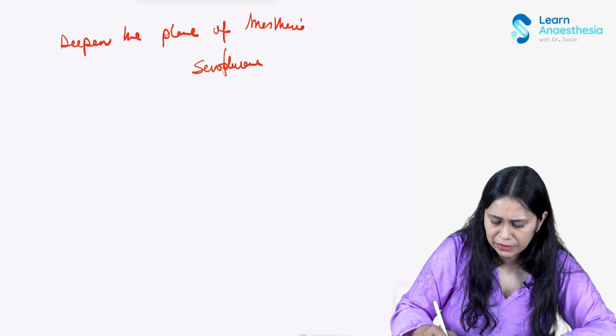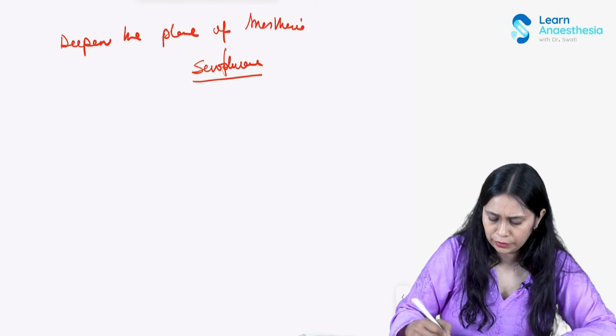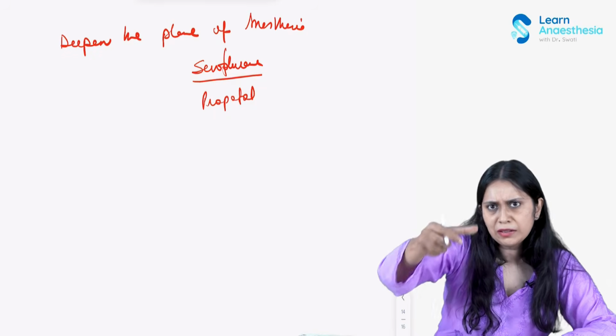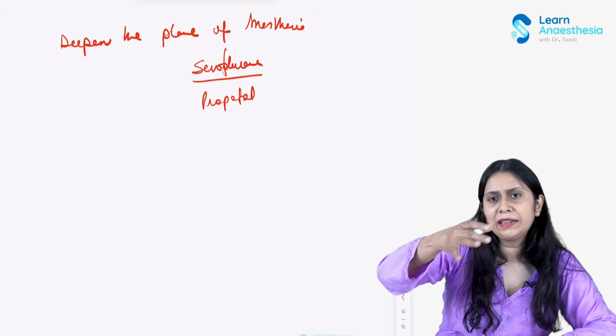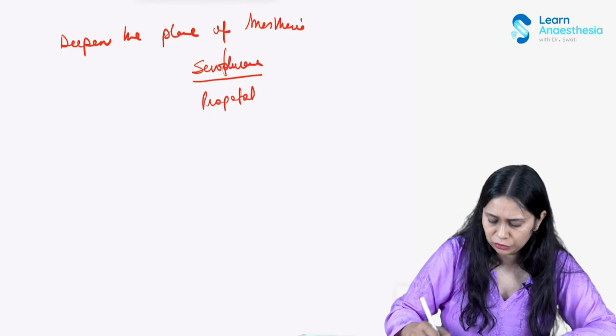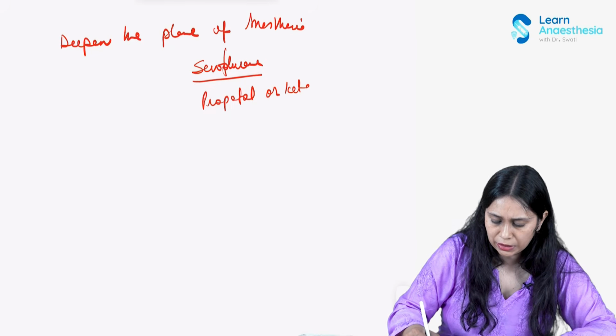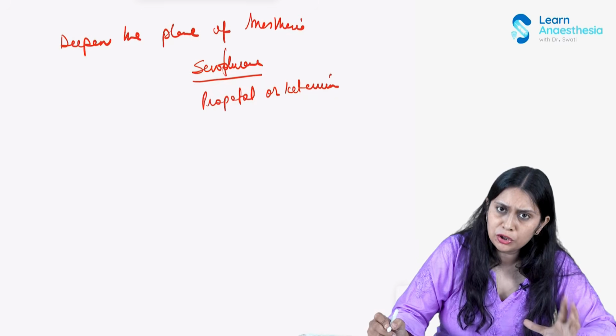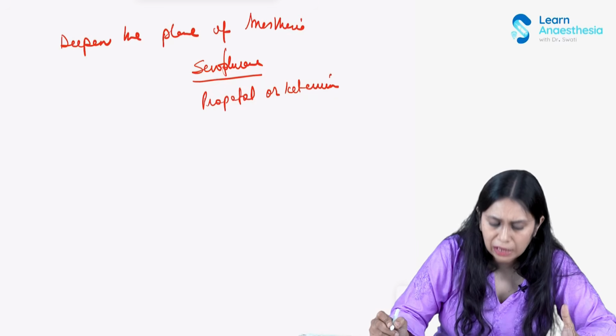If it is not a complete bronchospasm, we can use sevoflurane very well, but propofol IV would be better, because if the bronchus is constricted, the gases would go with little difficulty. So propofol or ketamine we can use. Then immediately, if the patient doesn't get relieved by this, we can use a short acting beta agonist like albuterol.